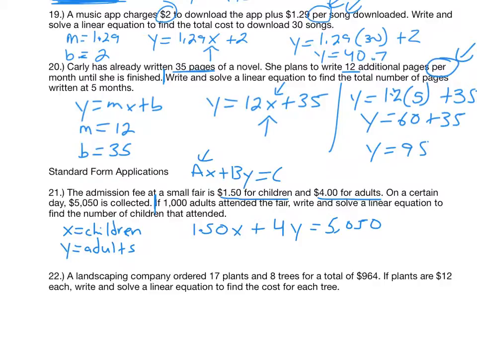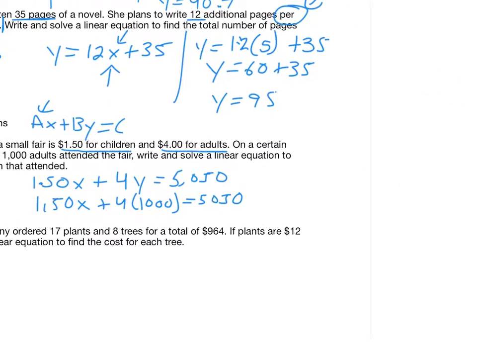It says, if 1,000 adults attended, write and solve a linear equation to find the number of children that attended. So adults, would that be x or y? It should be y. We're going to be plugging in 1,000 for y. So this is going to be 1.50x plus 4 times 1,000 equals 5,050. Well, 4 times 1,000 would be 4,000.